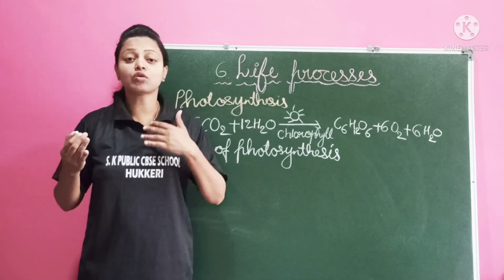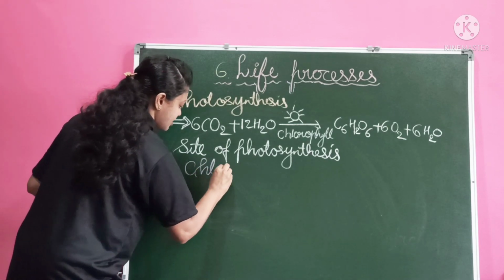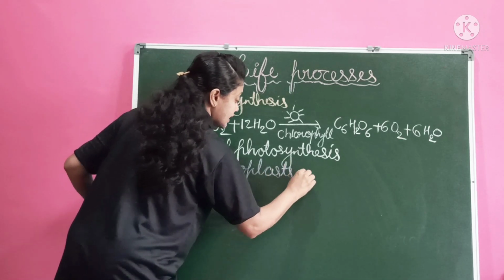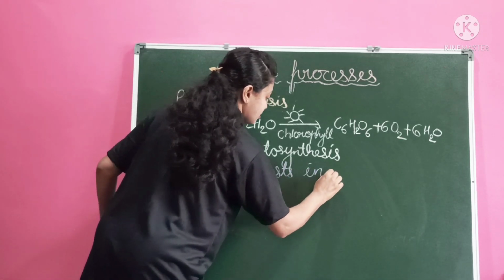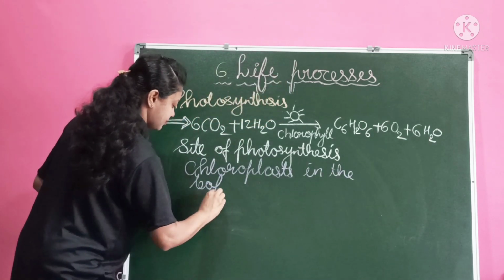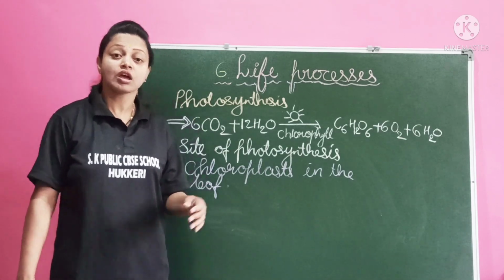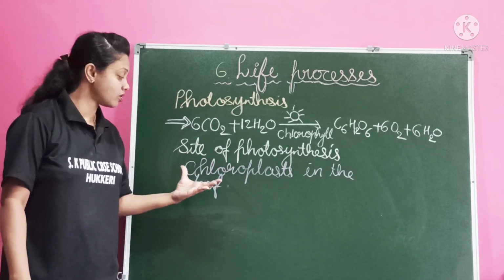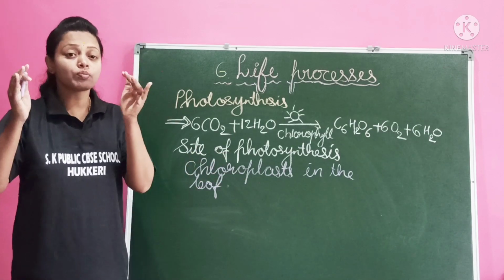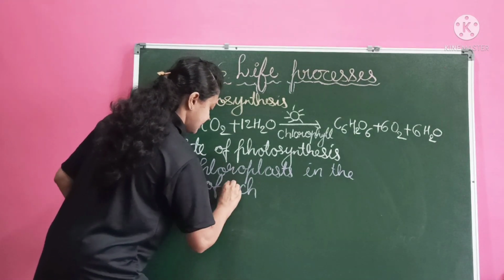Chloroplast contains chlorophyll. So we can see chloroplasts in the leaf. Chloroplasts in the leaf are called the sites of photosynthesis because chloroplasts contain chlorophyll.